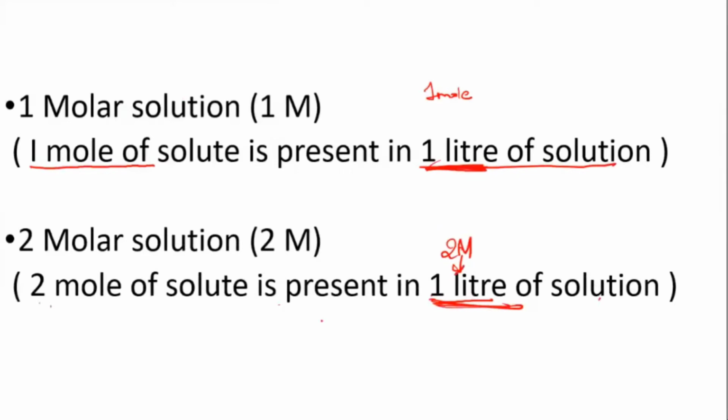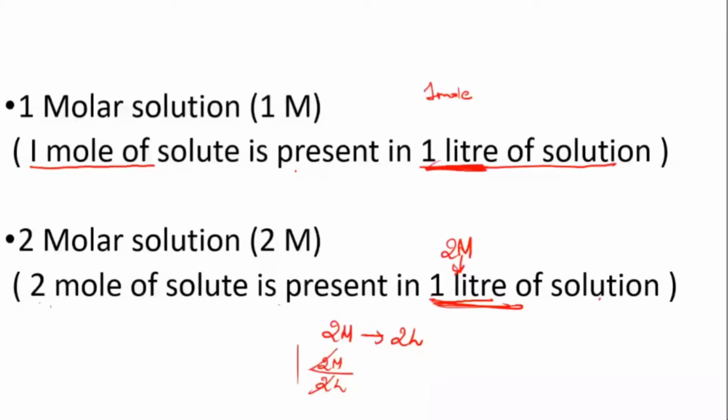Okay, if I take now 2 moles and dissolve in 2 liter, then how much will be the molarity of that particular solution? If 2 moles are taken and dissolved in 2 liter, then how much will be the molarity? Yeah, then it will be 1. Very good, correct. Then it will be 1 because 2 moles are dissolved in 2 liter.